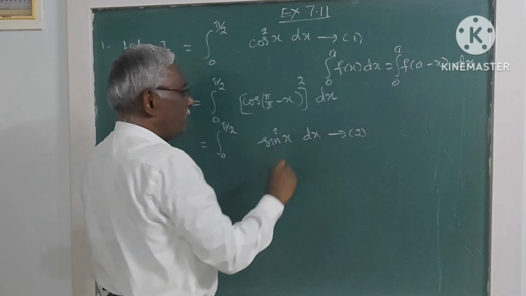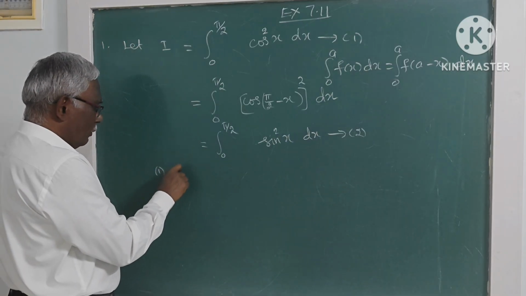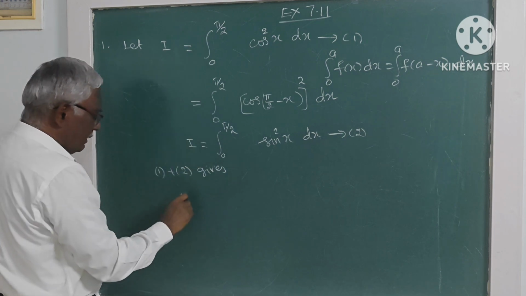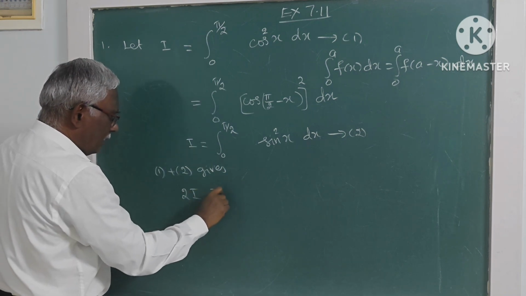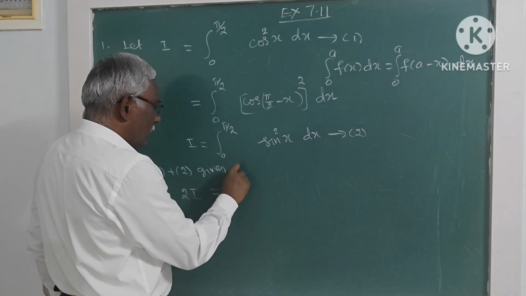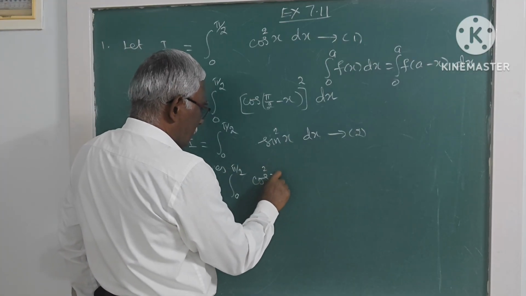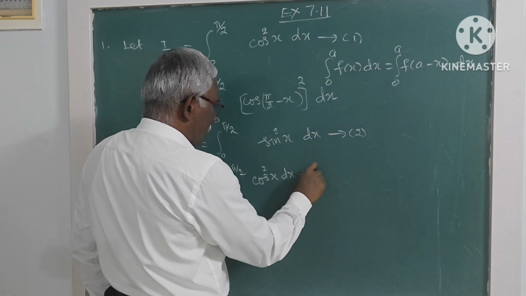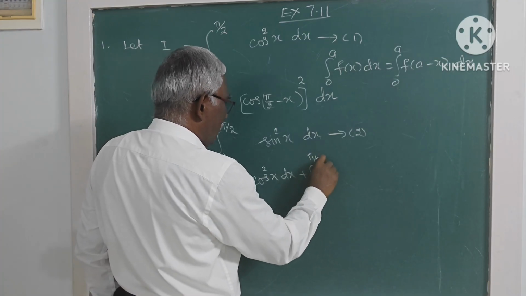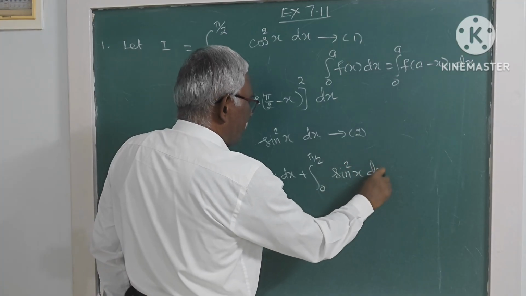Now add equation 1 and 2. So 1 plus 2 gives 2I is equal to integral 0 to pi by 2 cos square x dx plus integral 0 to pi by 2 sin square x dx.